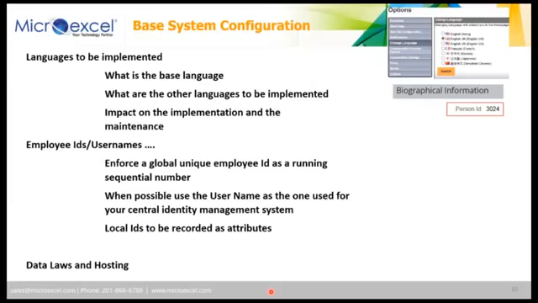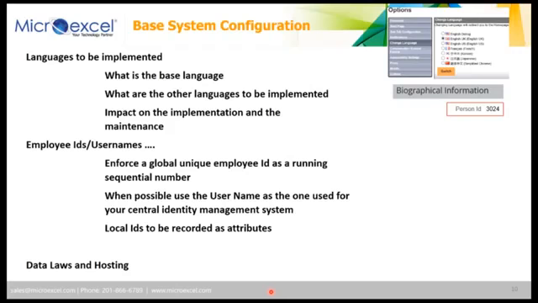So for our customers, usually what we do is the person ID as well as what we call the user ID is going to be one unique identifier across the organization, which is just a sequential number. The other important part is that our people are going to log in using a username.